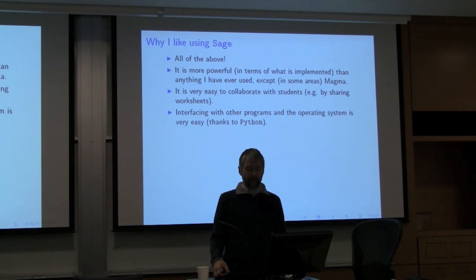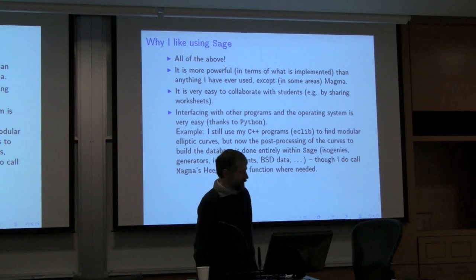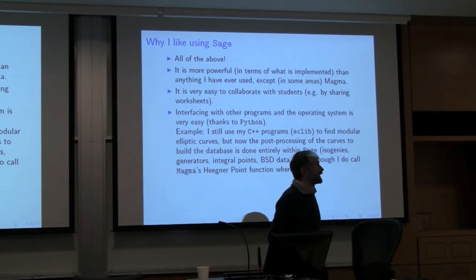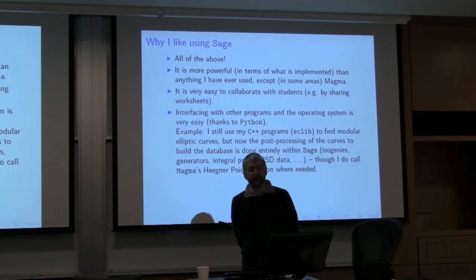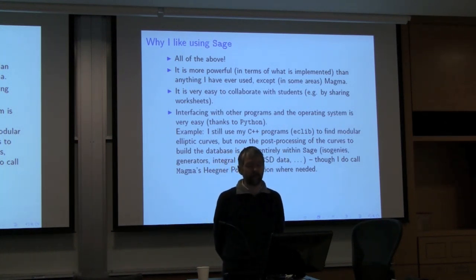I'll give you one example of that, something that I'm doing at the moment. I've got this set of programs called eclib, and one of the things these programs do is find modular elliptic curves. And when eclib has found all these elliptic curves, there is a lot of what I call post-processing, things you want to do with the curves once you've found them: find the complete isogeny classes, find their Mordell-Weil generators, find the integral points, find lots of data related to the BSD conjecture.